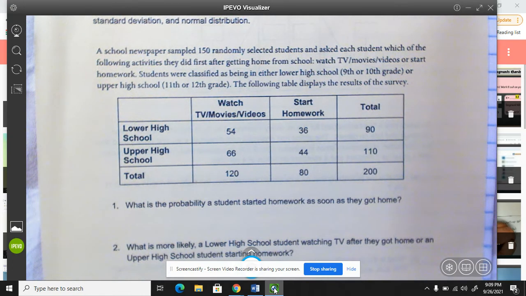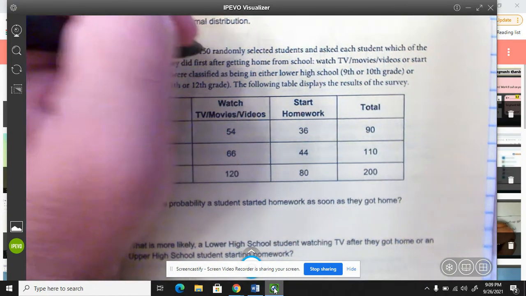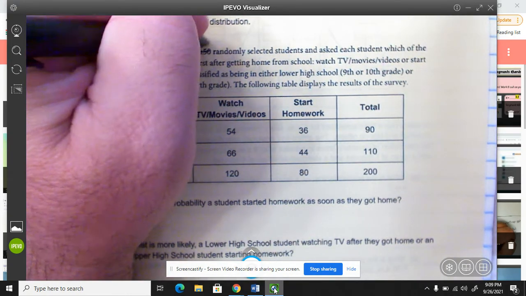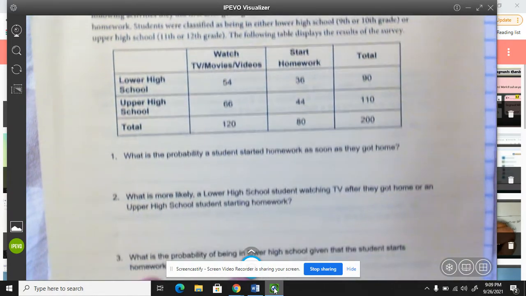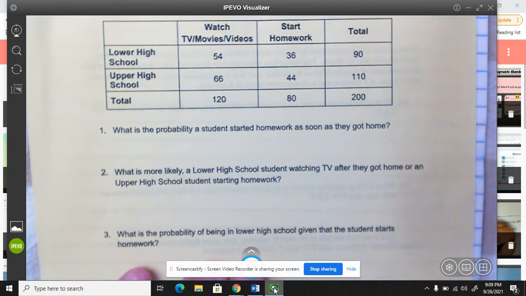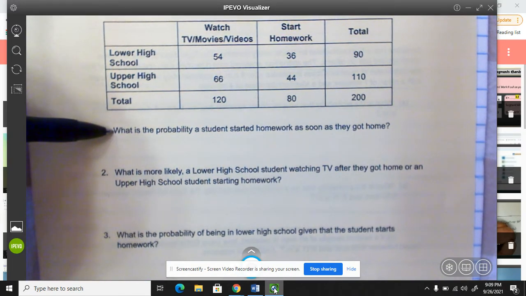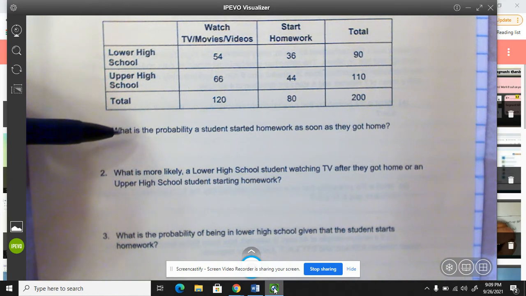The following table displays the results of the survey. So there should have been 200, because that's the total here. But most of you caught it, or you didn't really read the instructions on that part anyway, so we'll go with it. So what is the probability of a student starting homework as soon as they get home?